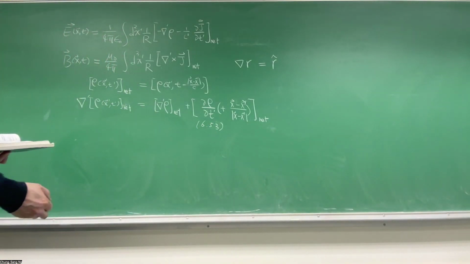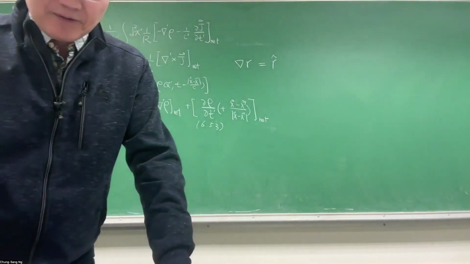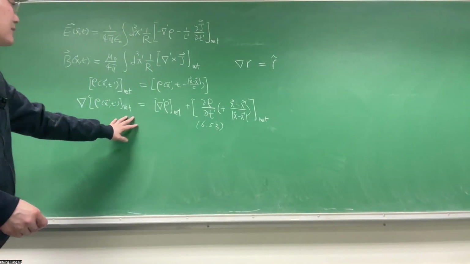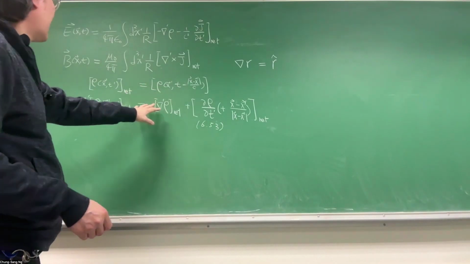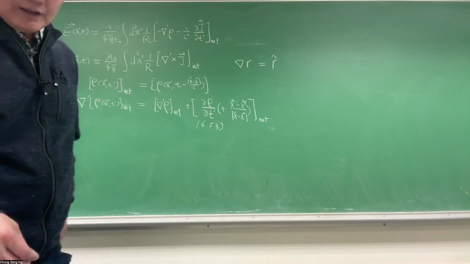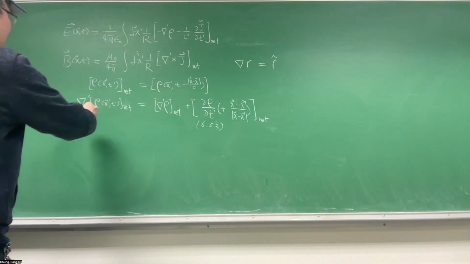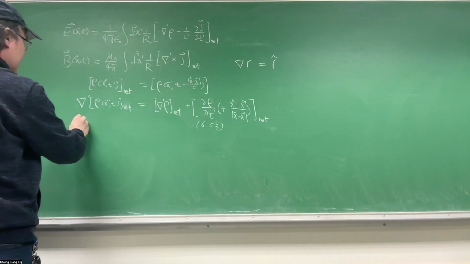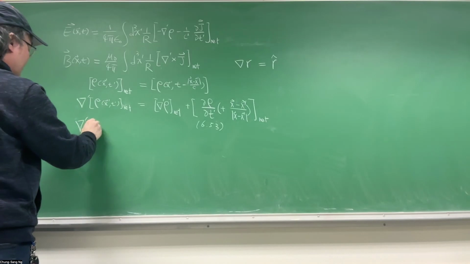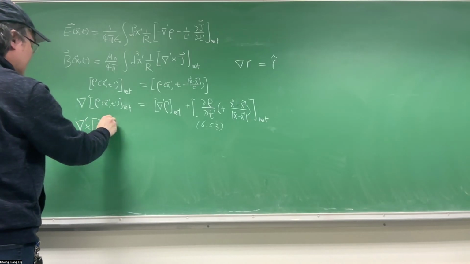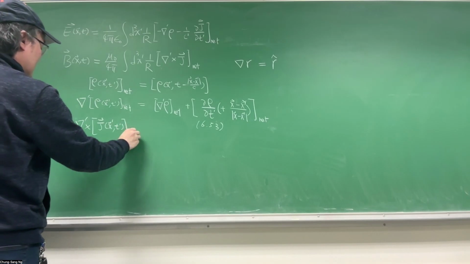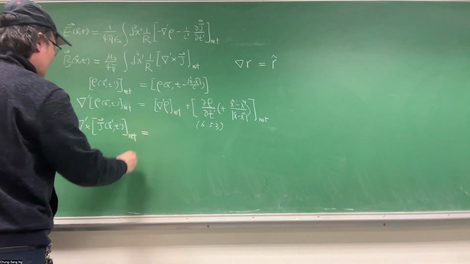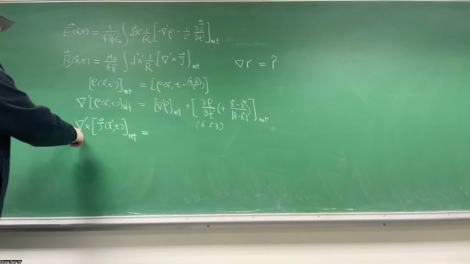Okay, so this is just careful consideration of the derivative, right? Then the same thing happens. You will take the curl of J, and obviously it's the same consideration.